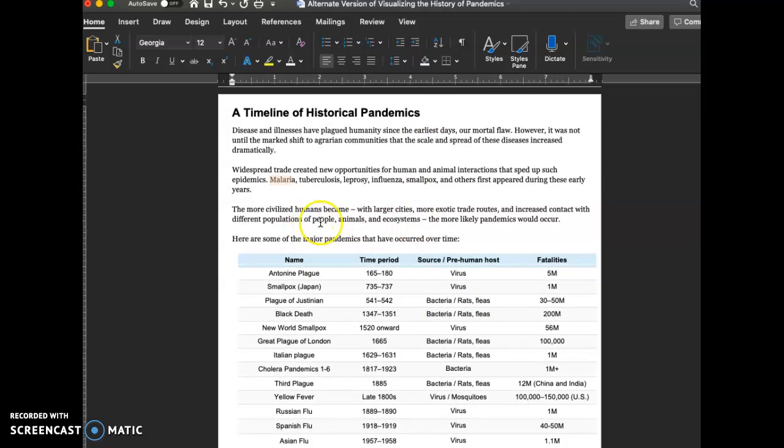The more civilized humans became, with larger cities, more exotic trade routes, and increased contact with different populations of people, animals, and ecosystems, the more likely pandemics would occur.